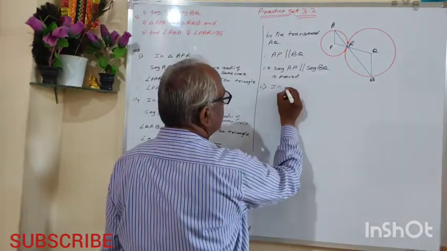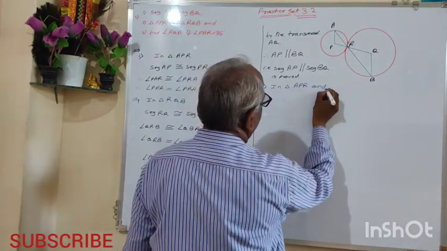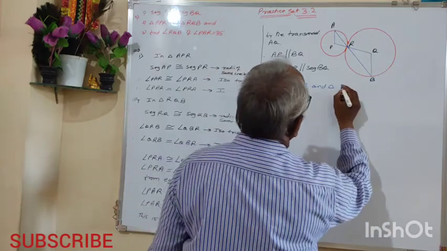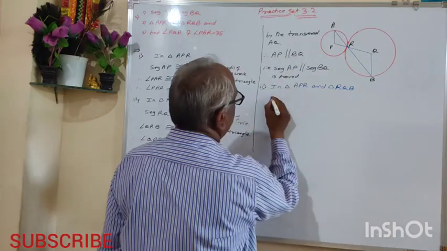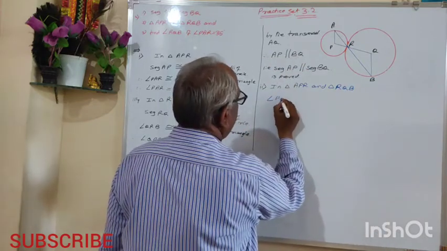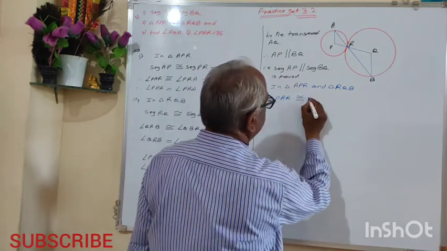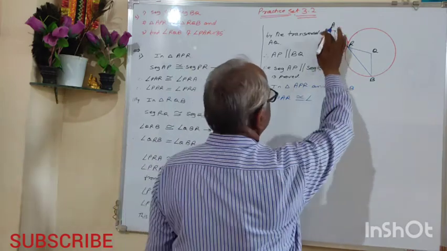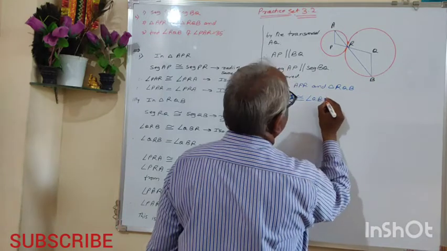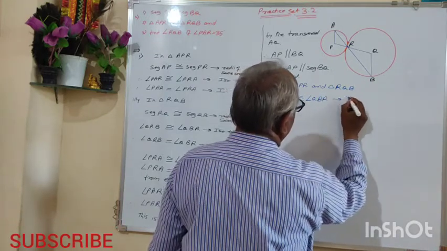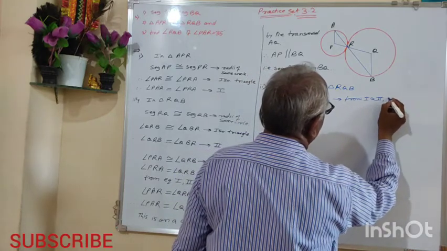So in triangle APR and triangle RQB, here angle PAR is congruent to angle QBR from 1, 2 and 3.